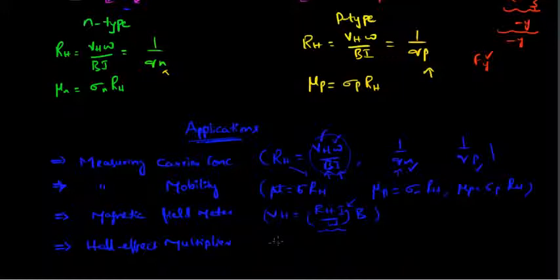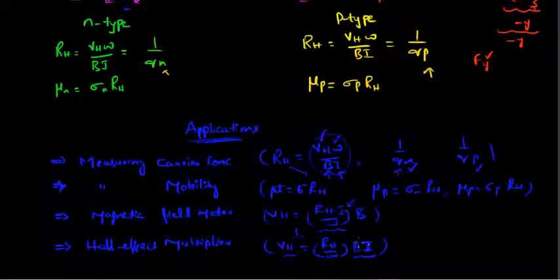Now how do we use this as a Hall effect multiplier? If we rewrite the equation, V_H can be written as R_H over W times B times I. So we get a Hall voltage measurement which will be directly proportional to the multiplication of two parameters, the magnetic field and the current flowing through the semiconductor material, right?